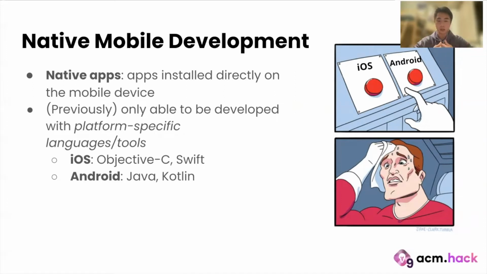But if you wanted to write an app for Android, you would need to use Java and Kotlin. So the issue with this is if I spent all this time coding an app for an iPhone and I wanted to have that app work on an Android phone, I would basically have to rewrite the entire app from scratch, which is, of course, a lot of work.